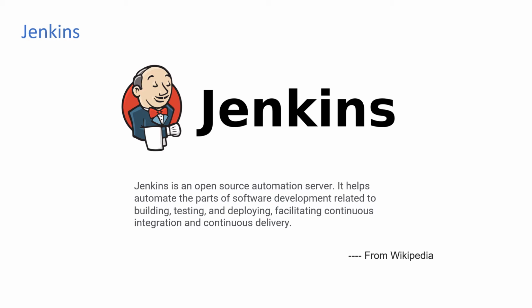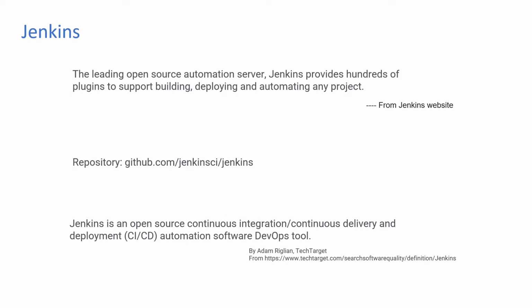The next tool I would like to talk about is Jenkins. From Wikipedia, Jenkins is an open source automation server. It helps automate the parts of software development related to building, testing, and deploying, facilitating continuous integration and continuous delivery. To be simple, Jenkins provides hundreds of plugins to support building, deploying, and automating any project.